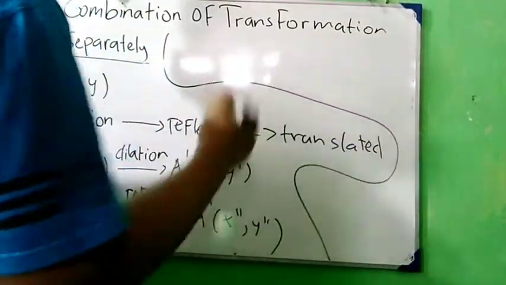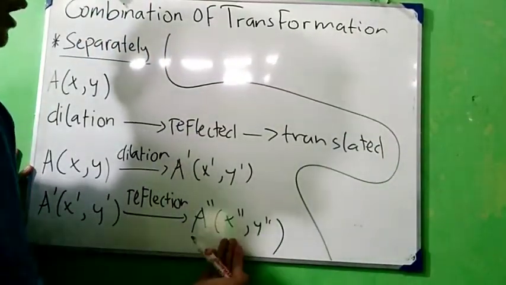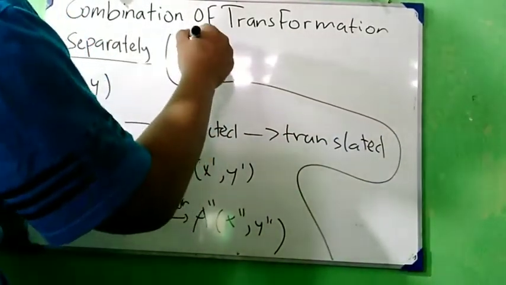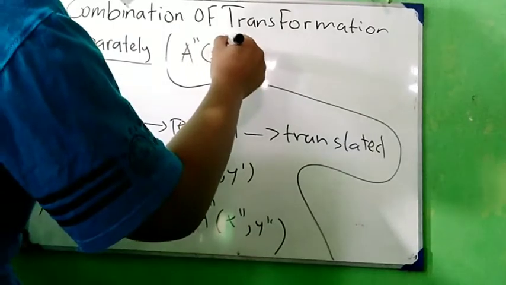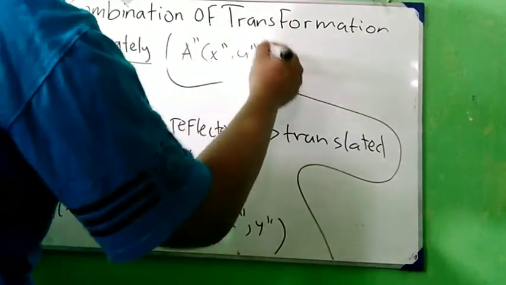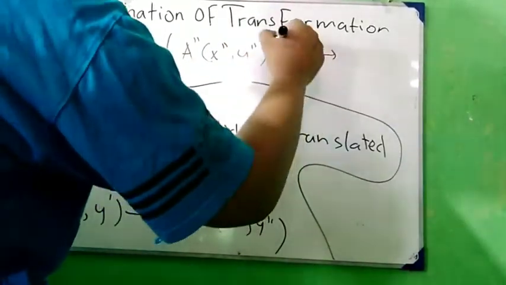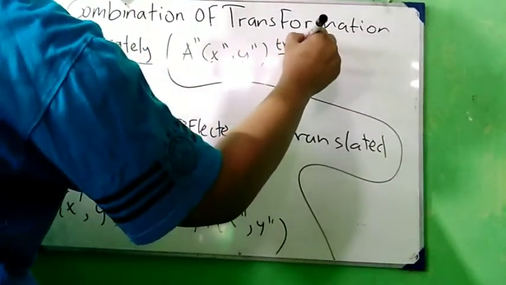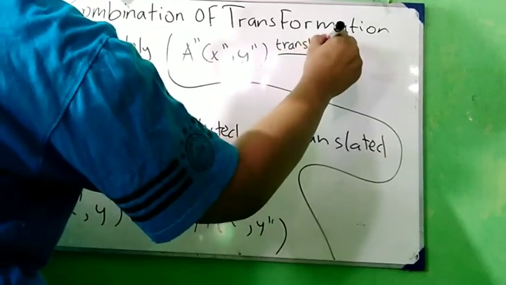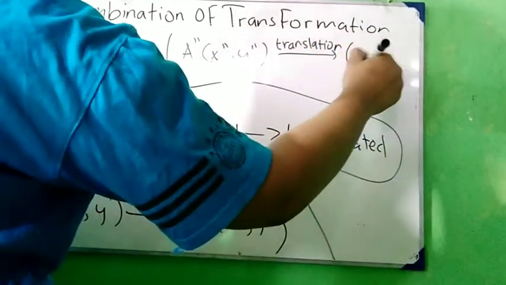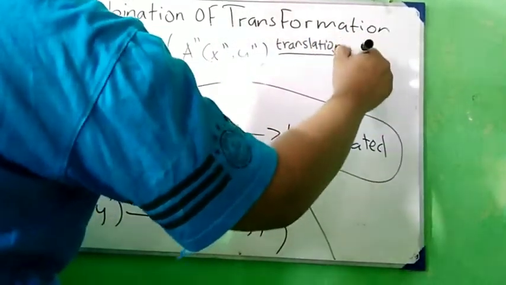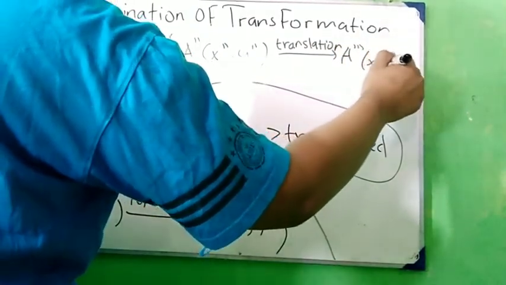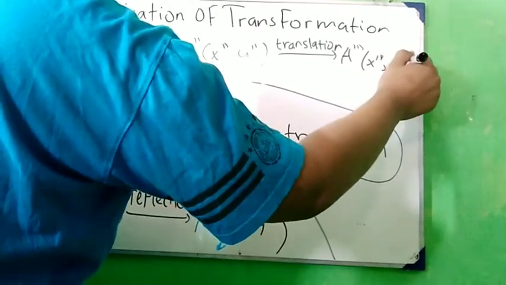After that, we process this point by translating it. So we can get A double accent, x double accent, y double accent, translation, so we can get A triple accent, x triple accent, y triple accent.